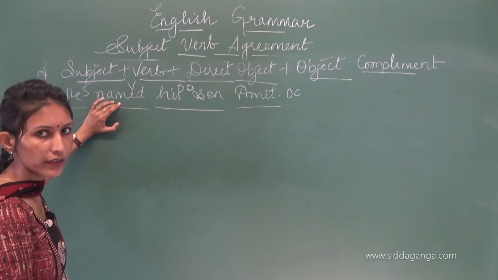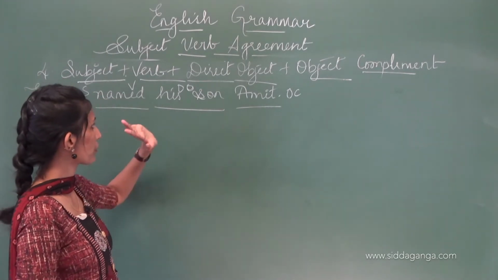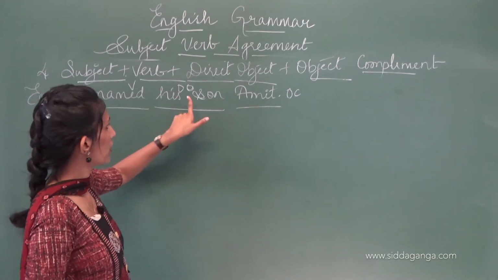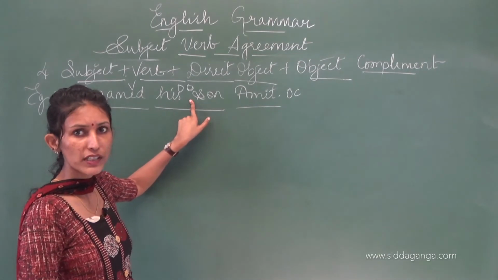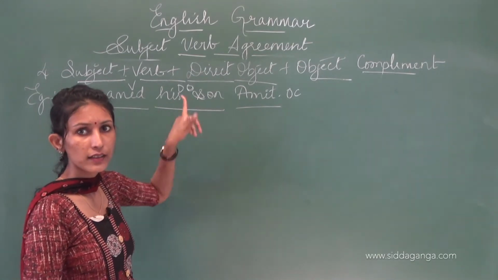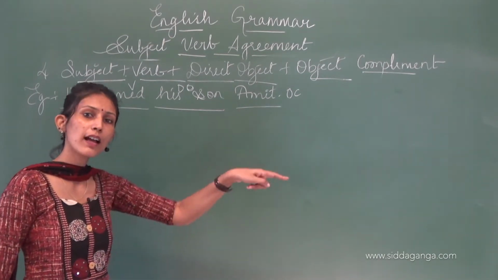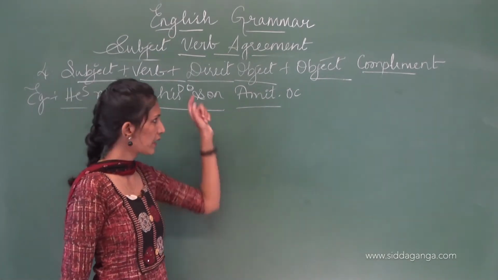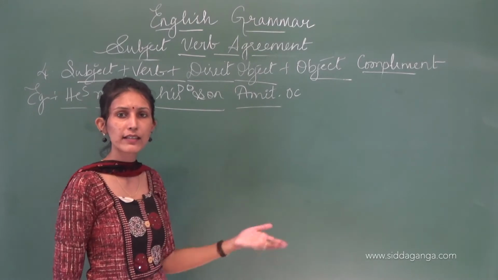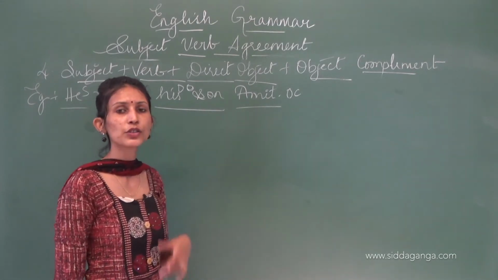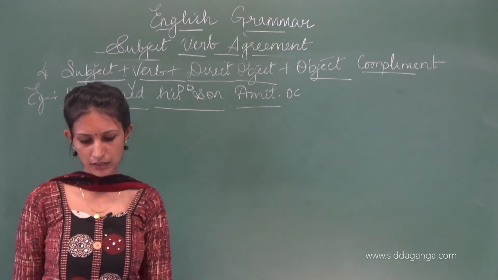He and named, you understand? Subject and verb is already understood, is what I assume. Direct object is already what we discussed, that his son is related to him, isn't it? His son is related to him, so he becomes the direct object obviously, and then naming him Amit is like a complement to him, that is object complement.